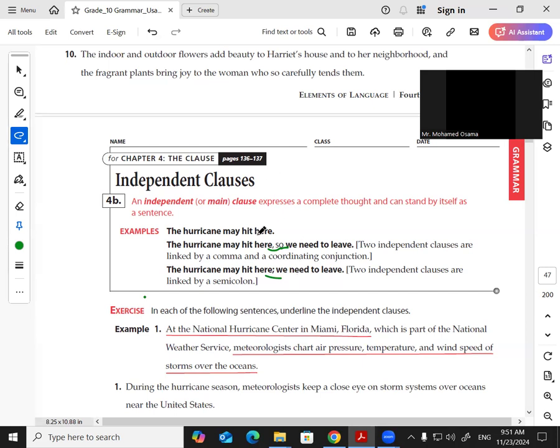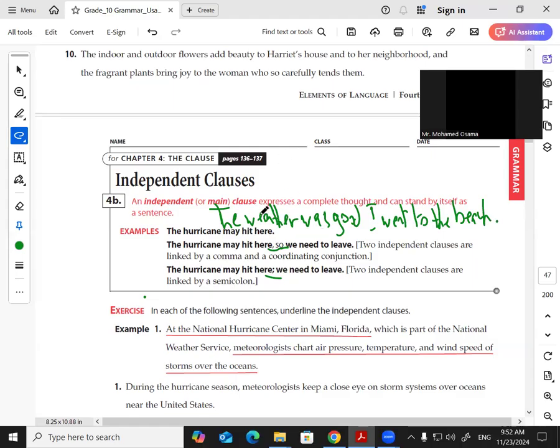But can we link two independent clauses with just a comma? For example, can we say the weather was good, I went to the beach?